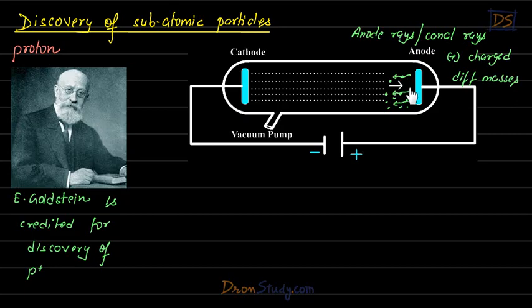See, lot of small particles were coming out. All of them had positive charge. But some had more mass, some had less mass. Their masses were different, students. So we can write this down.